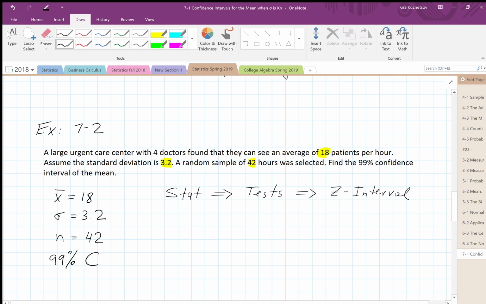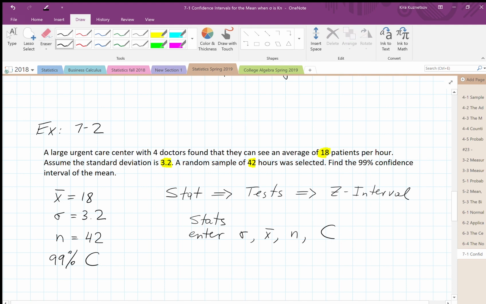Once you push the z-interval, then you need to input this information as stats, as statistics. Enter sigma, x bar, n, and in this case 0.99, the confidence level, which I'll just put as C.